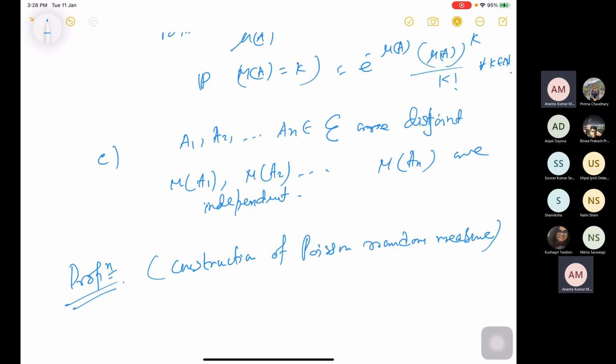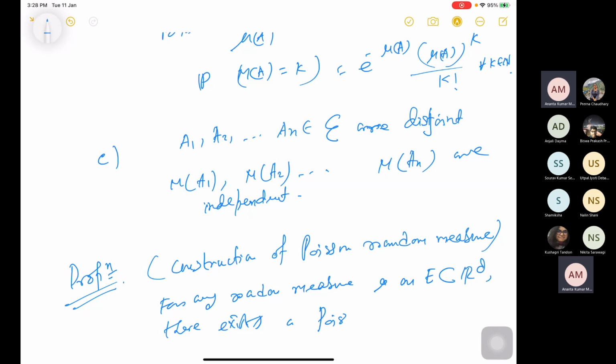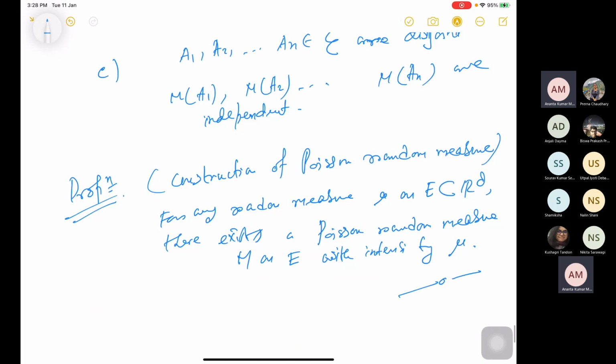So for any Radon measure μ on E, subset of R^d, there exists a Poisson random measure M on E with intensity μ.